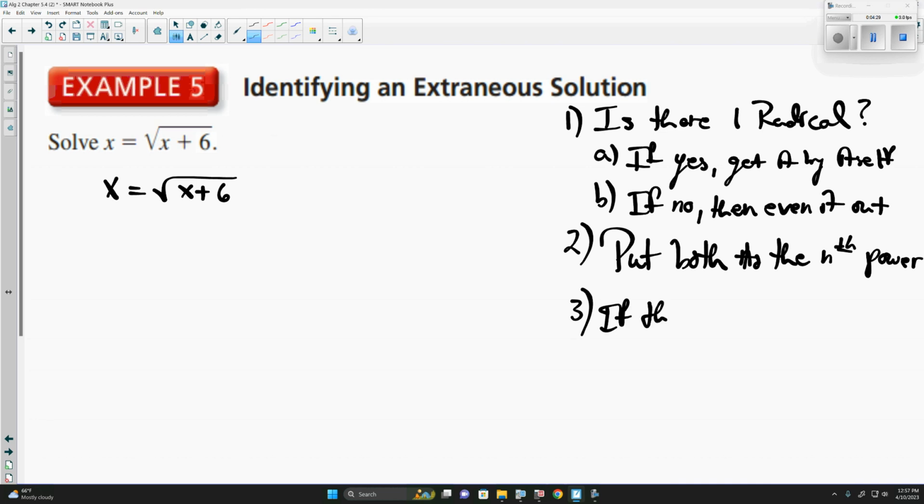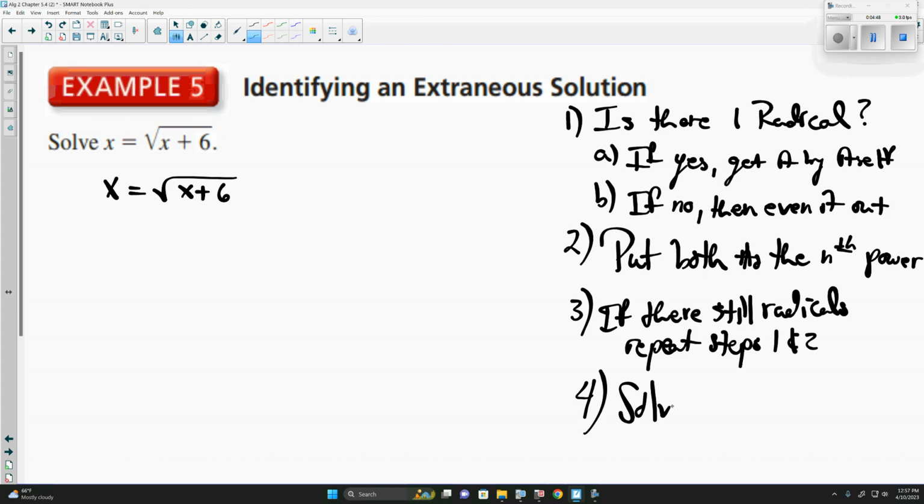If they're still radicals, repeat steps 1 and 2. And lastly, solve. For the most part, step 3 is really never going to come into play for what we're going to do.